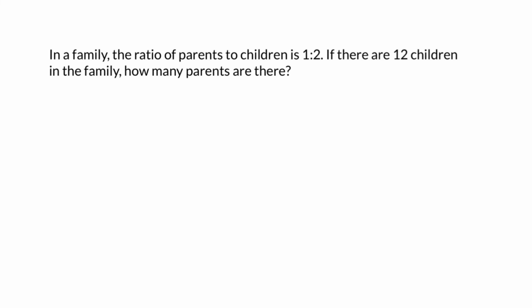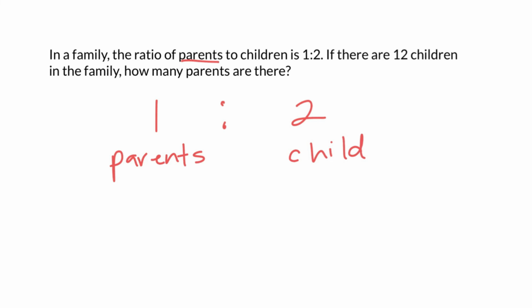So again, we can take a look at this and say that if we have 1 and 2, the first number represents the parents because parents was mentioned first, and the second number represents the children because children was mentioned second. Second, they told us that we have 12 children in total. So how many parents are there?